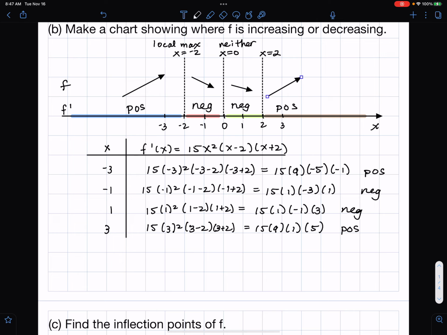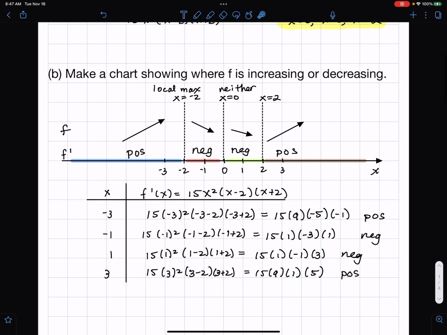It's especially true with polynomials. There's a reason for the pattern of positive, negative, negative, positive, and the short answer is that f prime does not change sign where x squared equals 0.